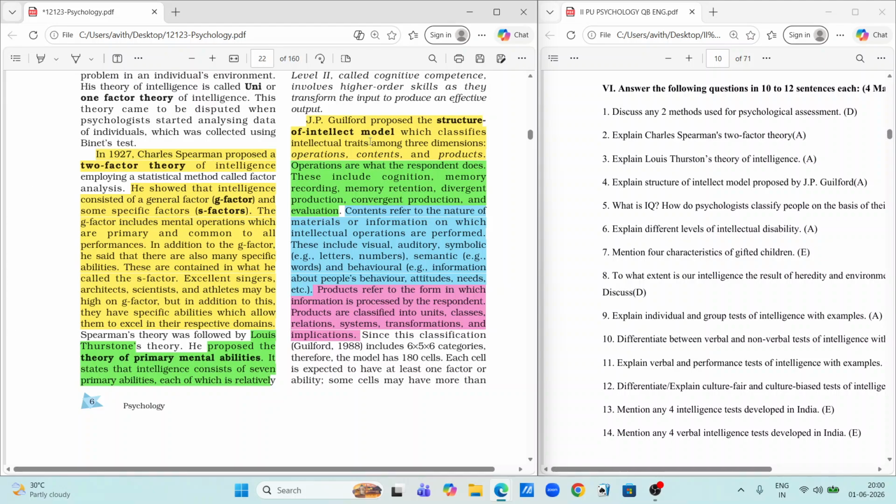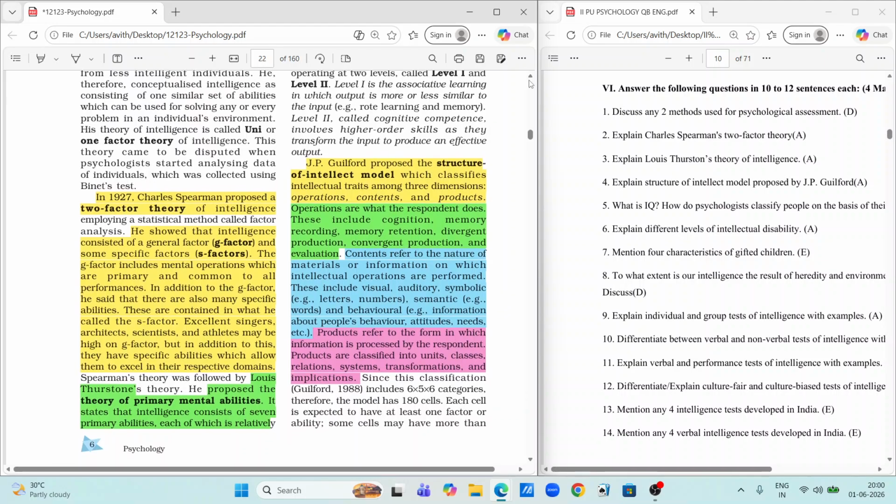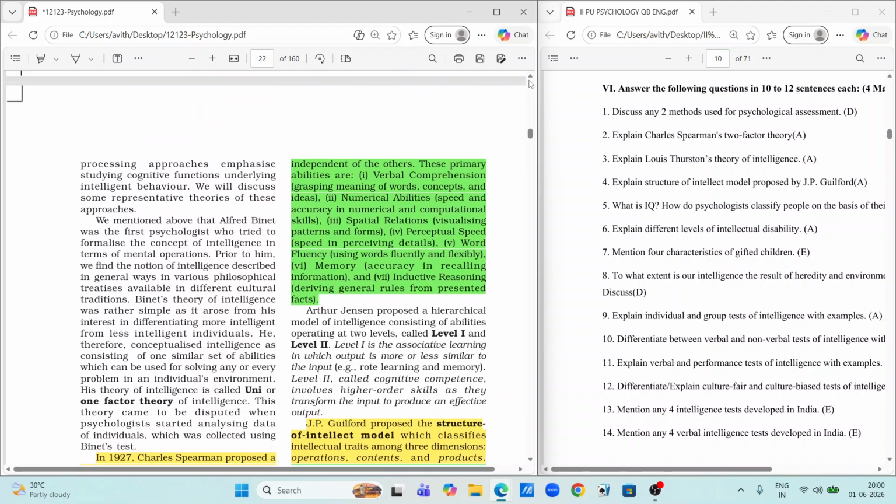Third question is, explain Louis Thurstone's theory of intelligence. It is in the same page. Louis Thurstone proposed the theory of primary mental abilities. It states that intelligence consists of 7 primary abilities, each of which is relatively independent of the others.